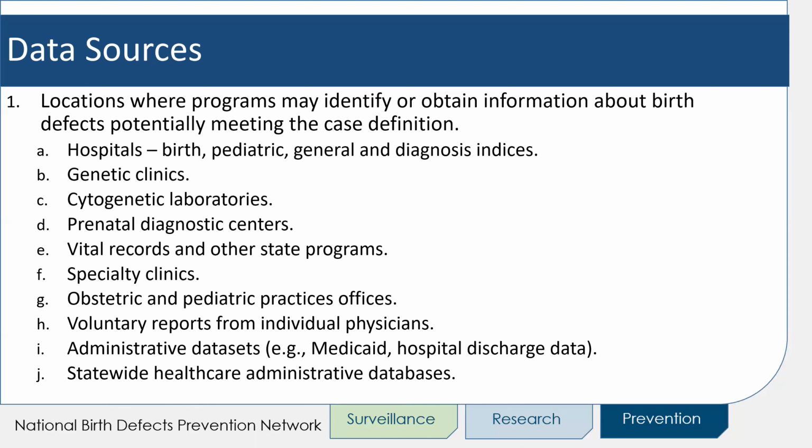Another data source are birth certificates. While they are frequently used by birth defect surveillance programs, they are limited in that they tend to pick up severe diagnoses while missing the more subtle diagnoses, as well as the ones that are diagnosed after the newborn period.